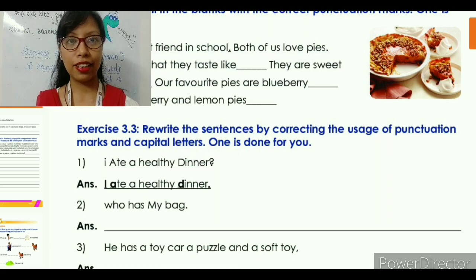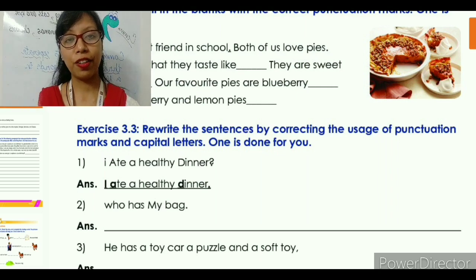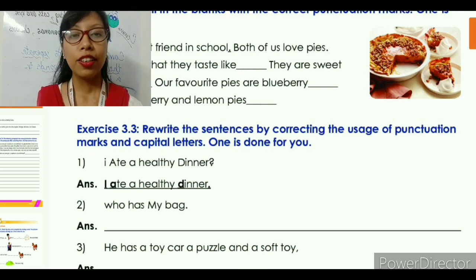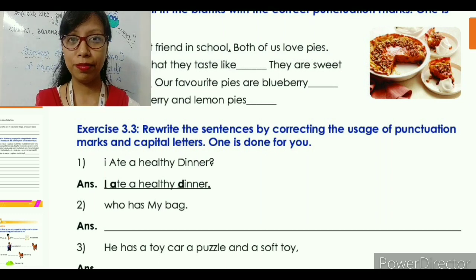The I is small, but if you have remembered the acronym, I should be in capital wherever it is, whether in the middle, at the first or at the last, the I will always be capital. So you have to remember that one. Then the A in ate is capital there, which should not be. I ate a healthy dinner, question mark. Is this sentence asking a question? No.